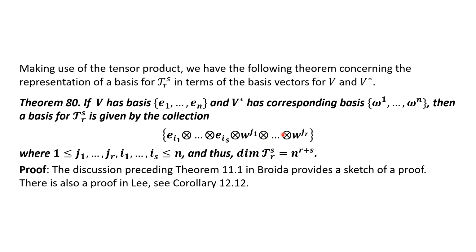That's why we needed to take that sidestep and do some definitions of the tensor product before we could get to this theorem. All these indices, the j's and the i's, range between 1 and n inclusive. And the dimension of this tensor space is n to the r plus s.